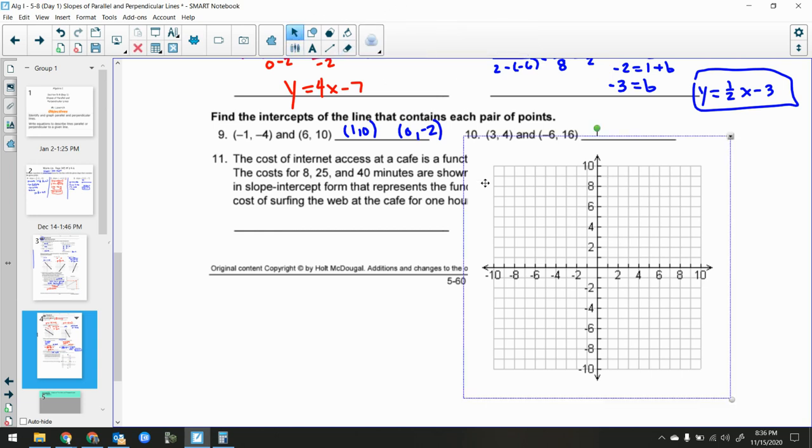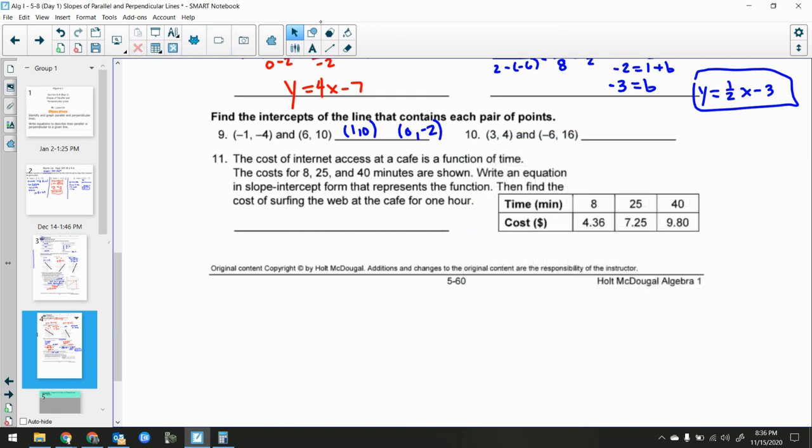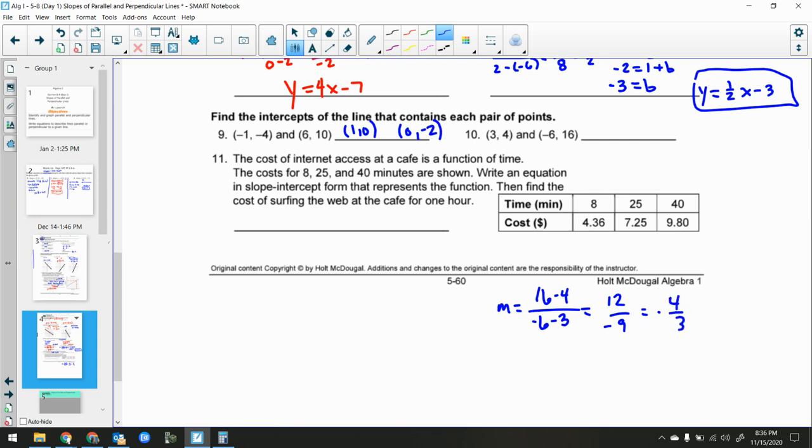Okay, I'm going to have to do this one a little bit different. I am going to have to find the slope. So the slope is 16 minus 4 over -6 minus 3. So 12 over -9, divide by 3, gives me -4/3.